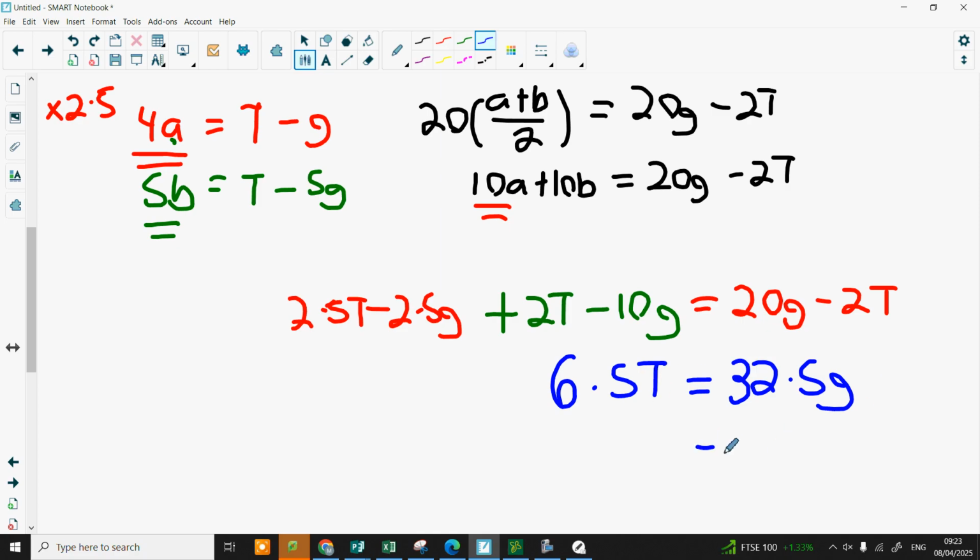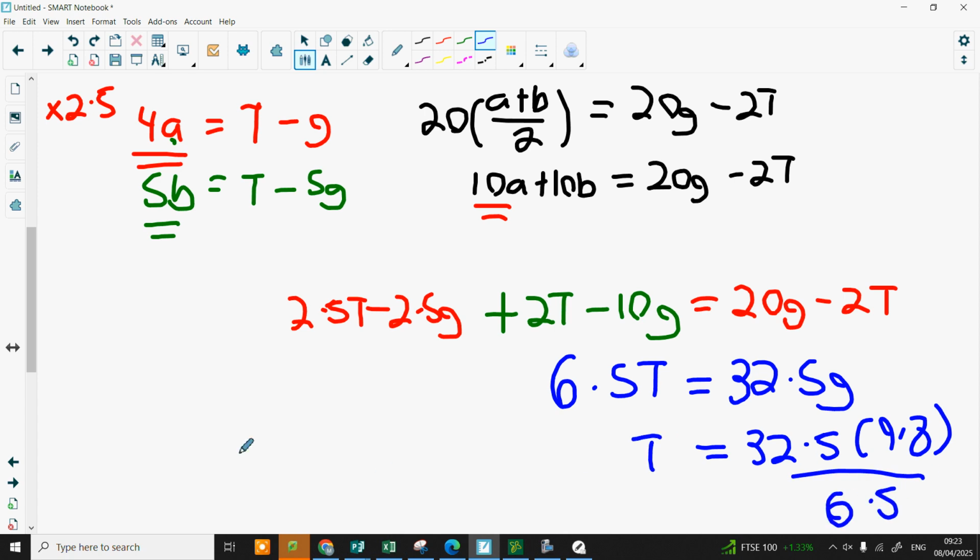Yeah. So do me a favor, multiply 32.5 by 9.8, and then divide the whole thing by 6.5 to get me my T value. In terms of g, my bad. So just that then. 32.5 divided by 6.5, keep as a fraction. 5g. Great.